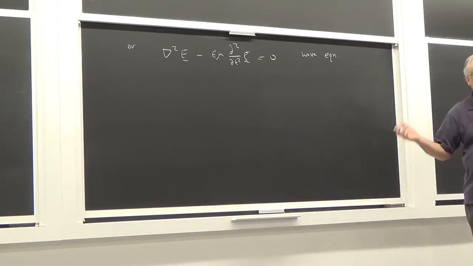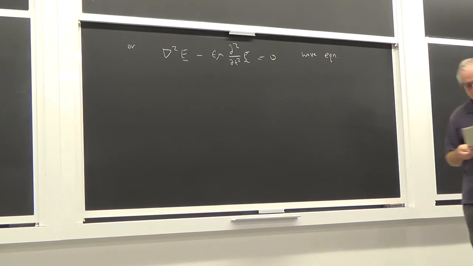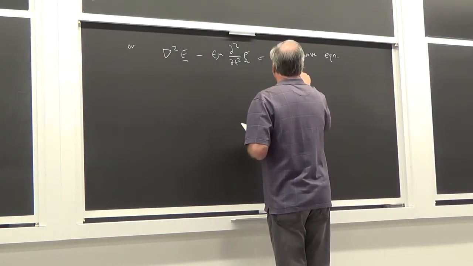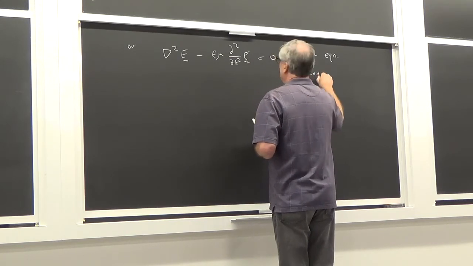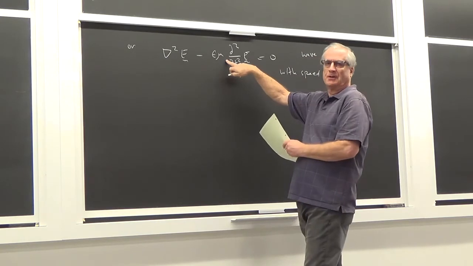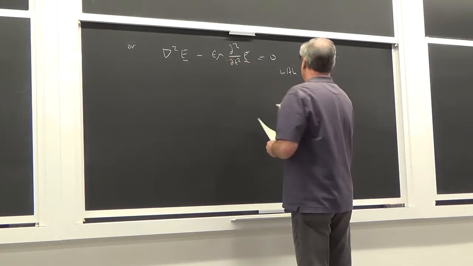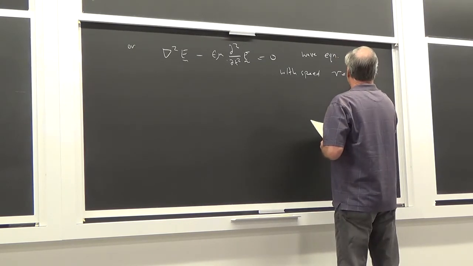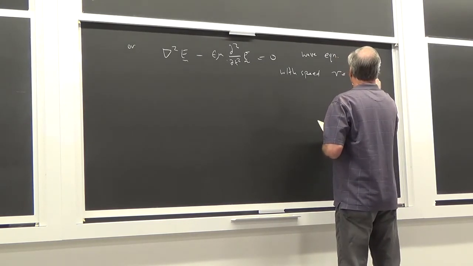And so it's a wave equation, we can read off the speed. Whatever appears here is 1 over v squared, so the speed v is equal to 1 over the square root of epsilon times mu.